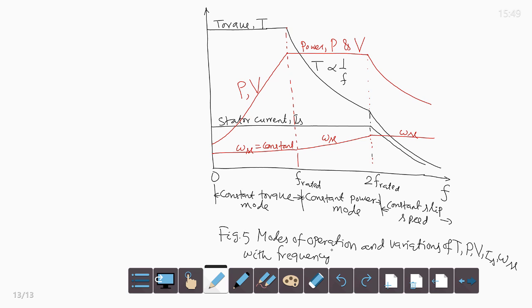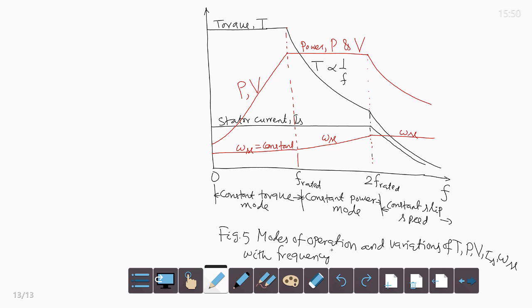So, during the constant torque mode, torque is constant because flux is constant at the rated value, and maximum torque is constant. By maintaining the slip speed constant, the torque can be maintained constant. So, voltage varies linearly with frequency except at low frequencies, and current is constant because slip speed is constant, torque is constant.